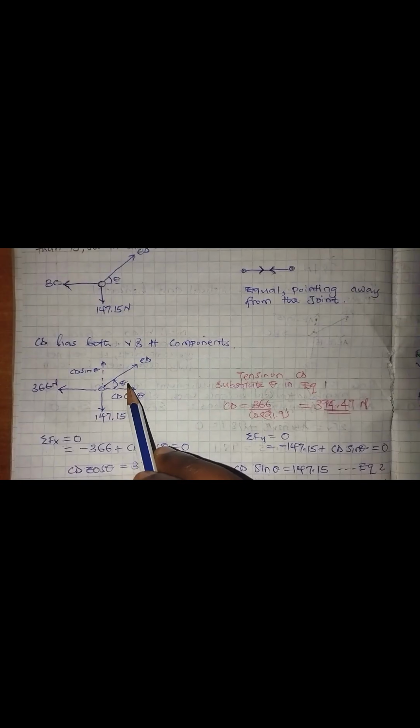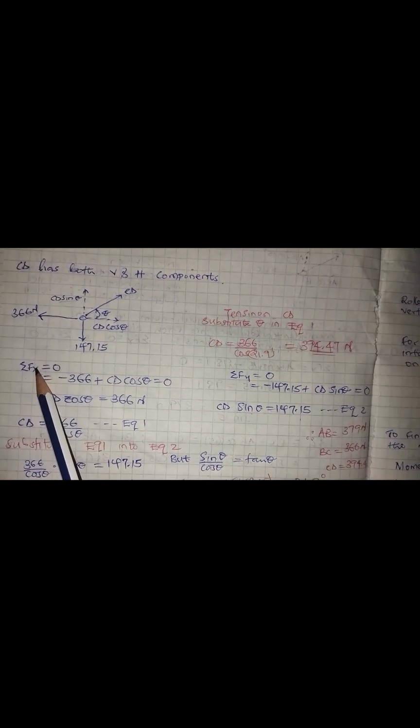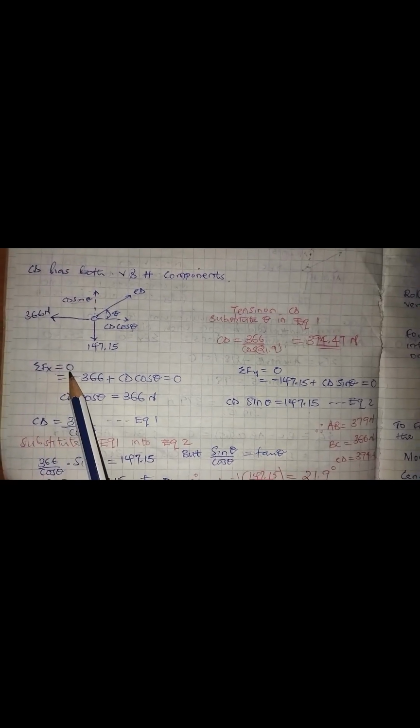So we have 366 here as BC, and the weight of the traffic light, the second traffic light. We have an unknown angle here, and this one is lying in the XY plane, so it has the Y component and X component. So we have a sine of it and the cos of it represented as you can see. Proceeding to solving, we are saying that it is in equilibrium, so the summation of the forces in the x direction is equal to 0.